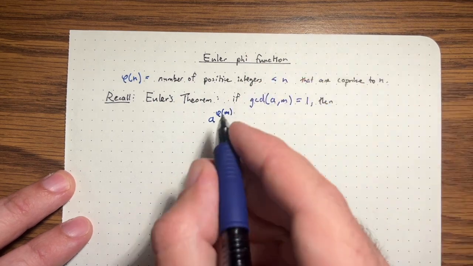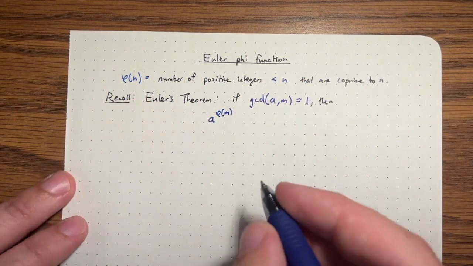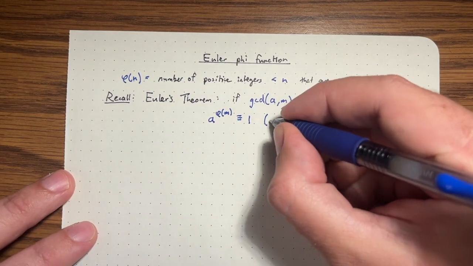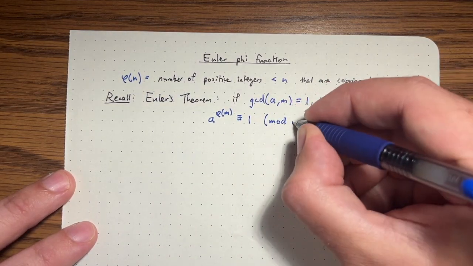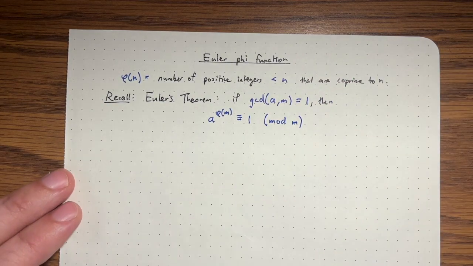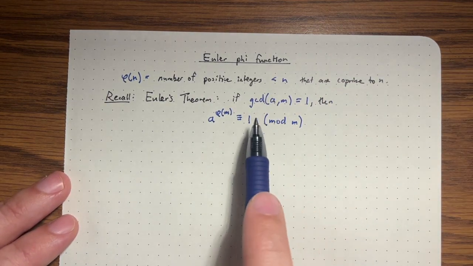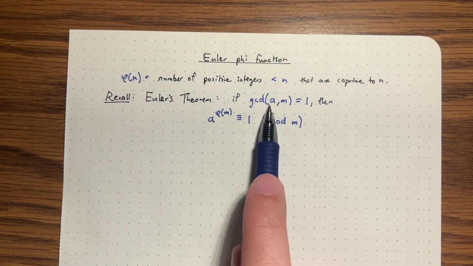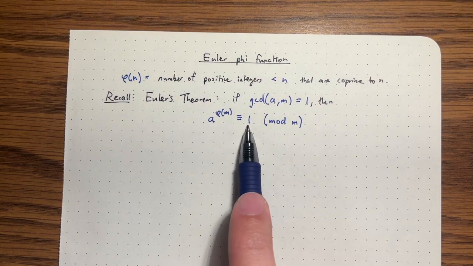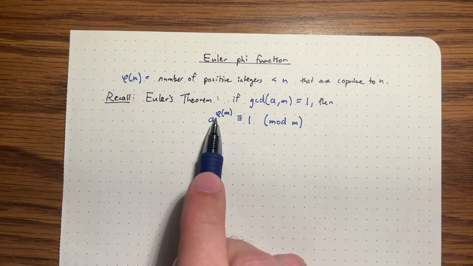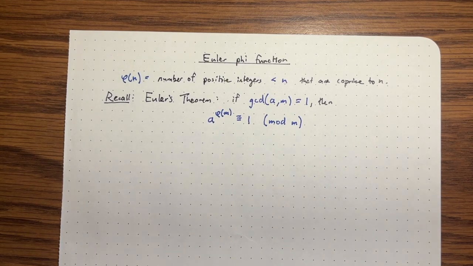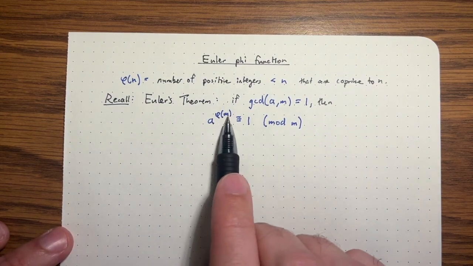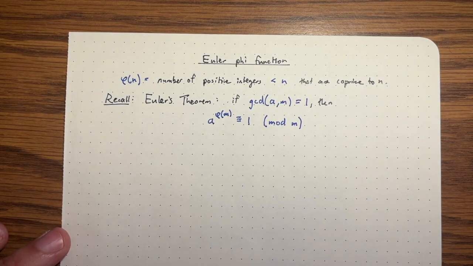And that exponent turns out to be phi of m. We saw that this is a really important theorem because it indicates that powers, when you're mod m, are going to cycle back to 1 every phi of m powers. This allows you to do computations with very large exponents relatively quickly.